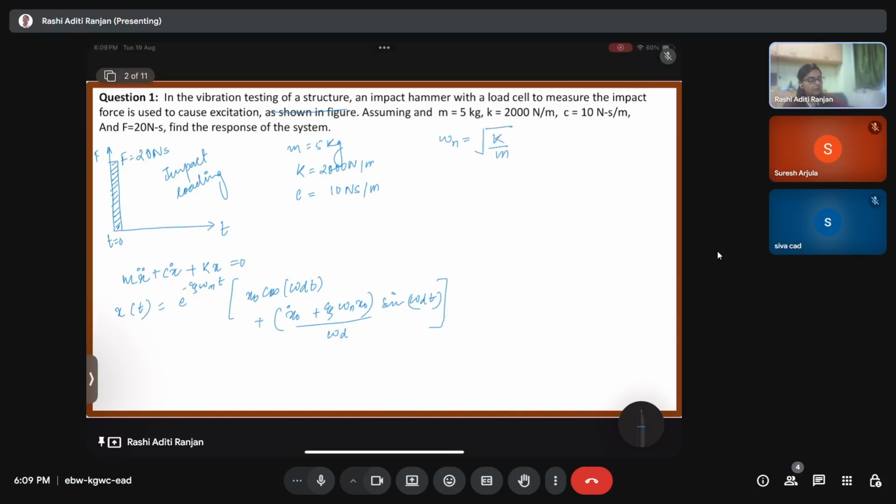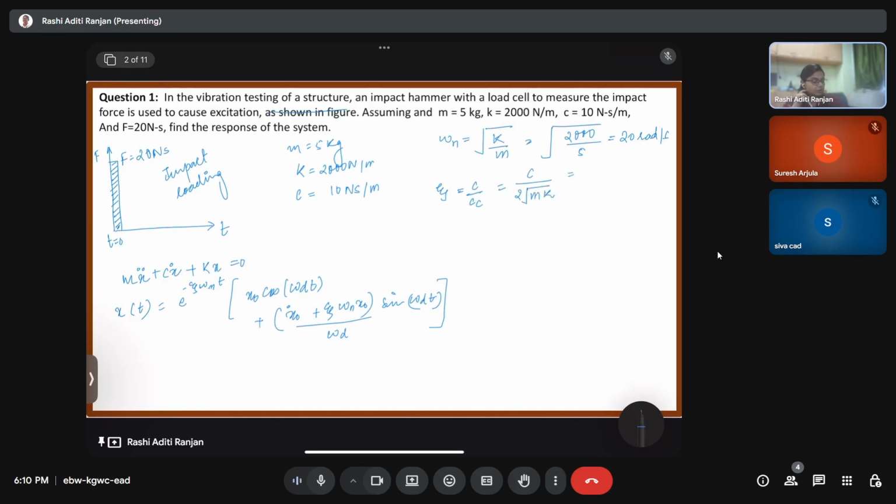We already have k and m, so we can find its value as under root of 2000 by 5, which is 20 radians per second. Then we have to find eta, which is c by c c, where c c is the critical damping constant, written as twice under root m k.